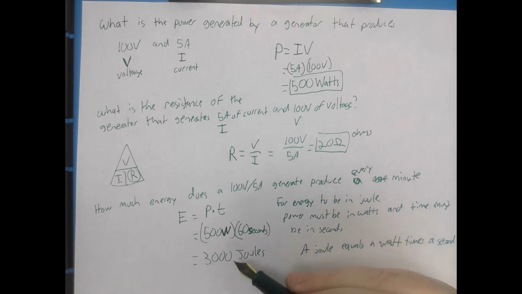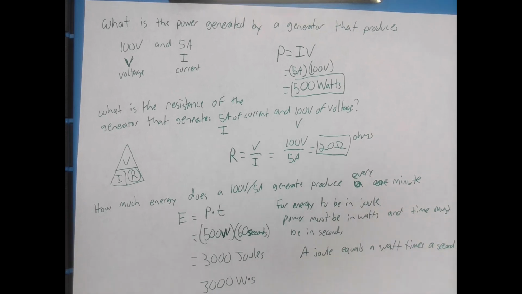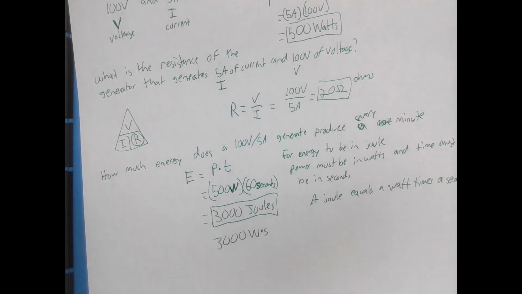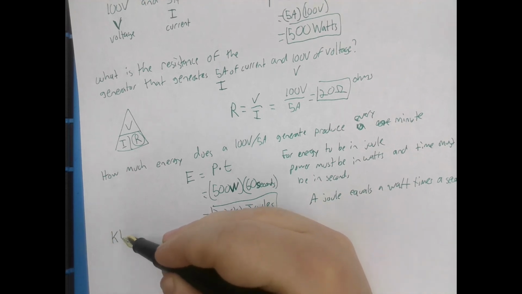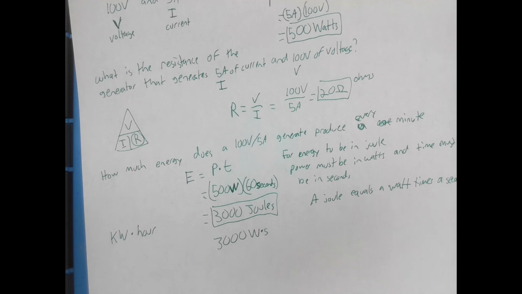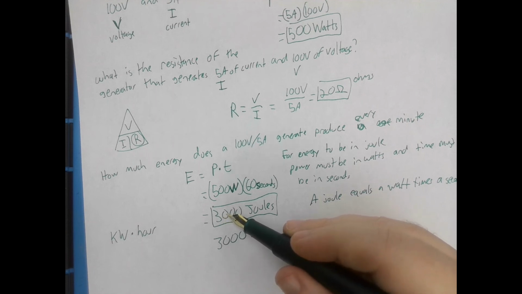So yes, you could replace joules with W, and we usually do not for units. If it asks you for kilowatt hours, then it's a kilowatt times an hour.